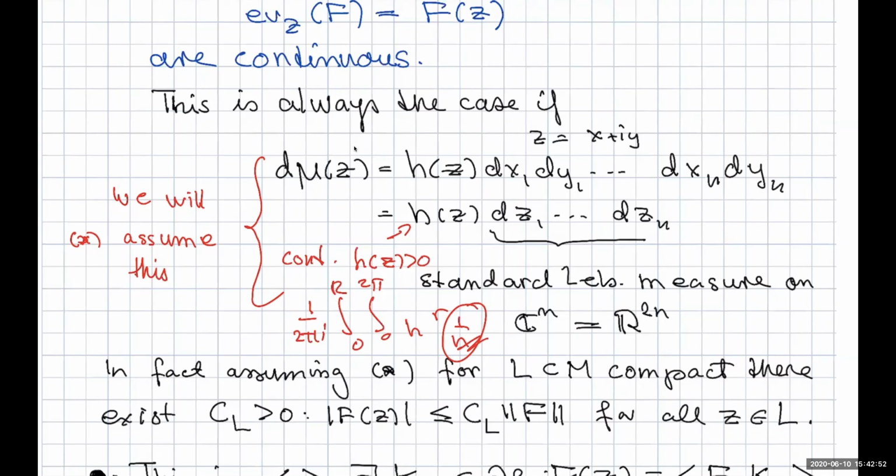They're still reproducing kernel Hilbert spaces, but they're on the whole plane, but you just take the L2 norm on the line. Yes, that is a completely different thing from what's here.